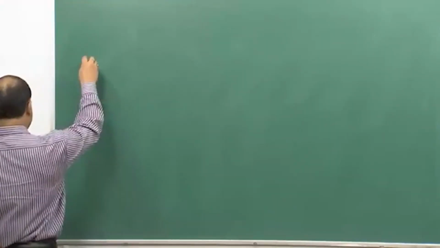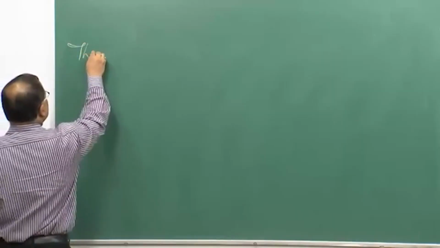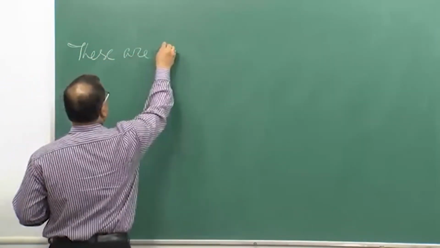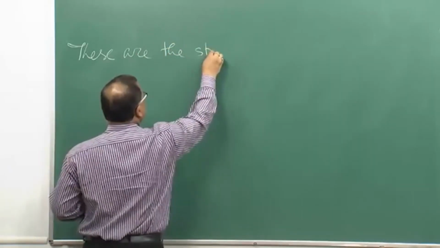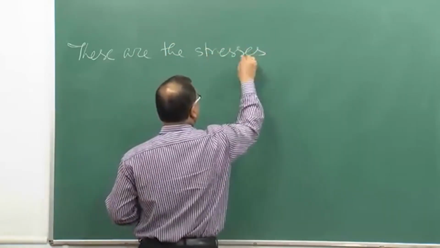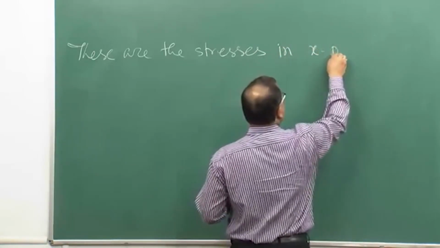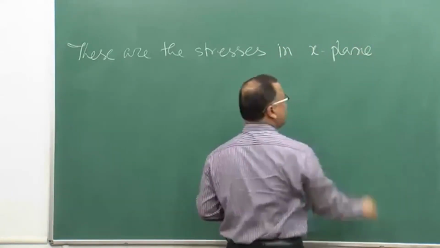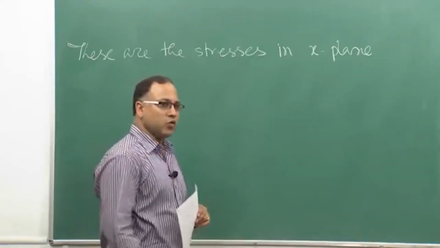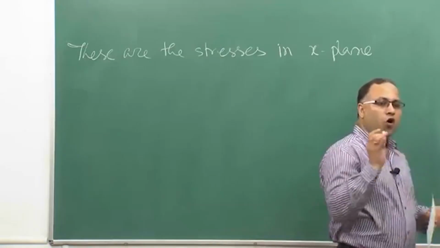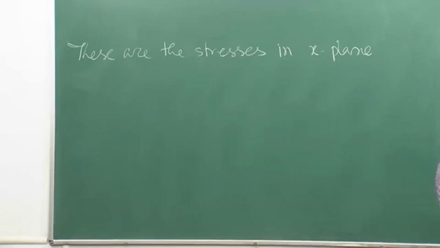So, we can write, these are the stresses in x plane. Whatever stress components I have shown you, like sigma x x, tau x y and tau x z, all are acting on x plane.